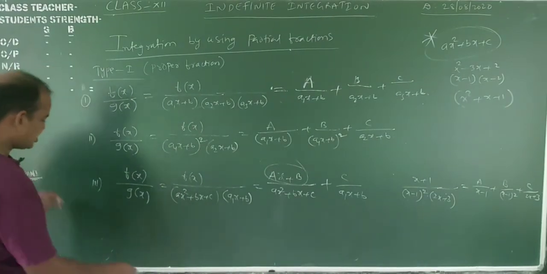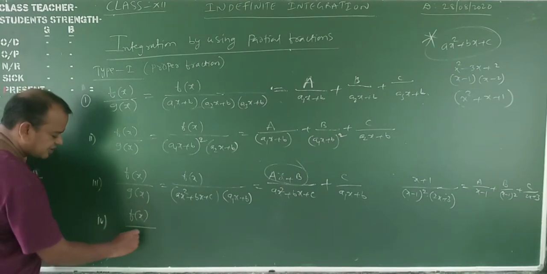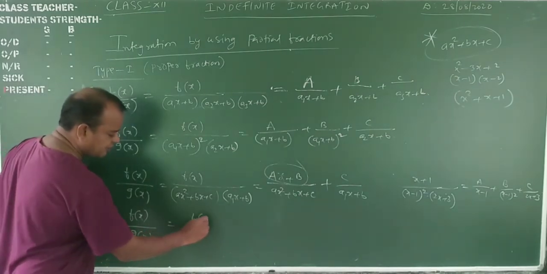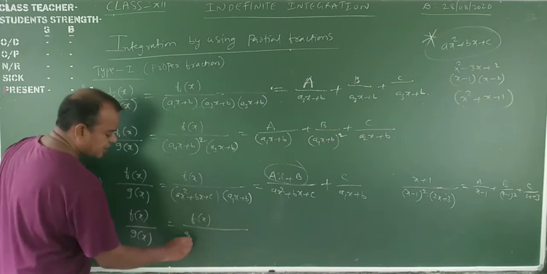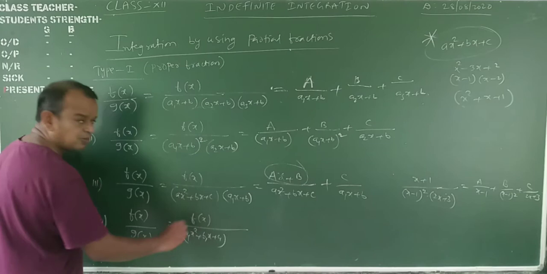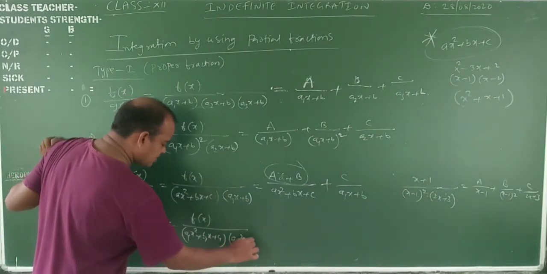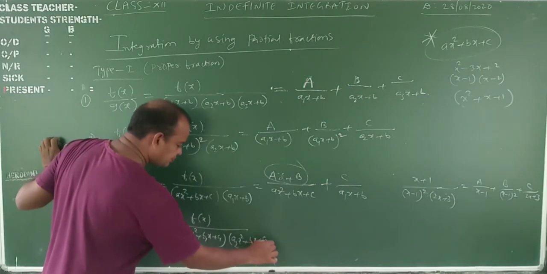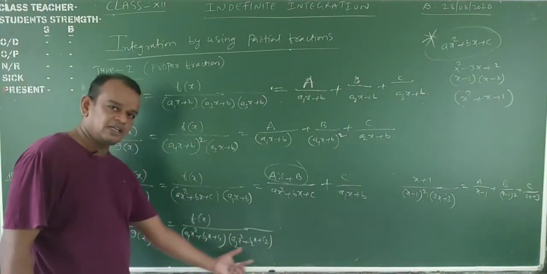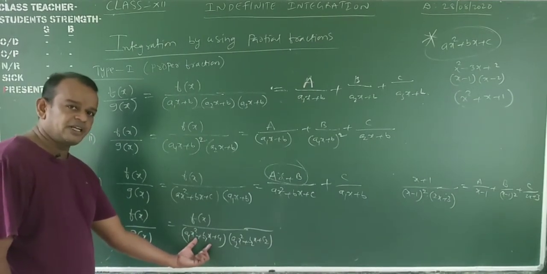For suppose, next, fourth one, f(x)/g(x). It has two irreducible quadratic factors. Means f(x) by, what happened? a1x² + b1x + c1. This is one irreducible quadratic expression. The other one, a2x² + b2x + c2. This is irreducible, this is irreducible. How many are there? 2 are there. In the numerator compulsorily it has a linear factor.